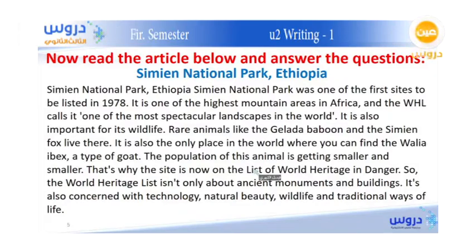So I have read something regarding Simien National Park. Where is it located? If you can tell me. That's fine. Now here we go with the questions. And as I told you, it has to do with the passage.